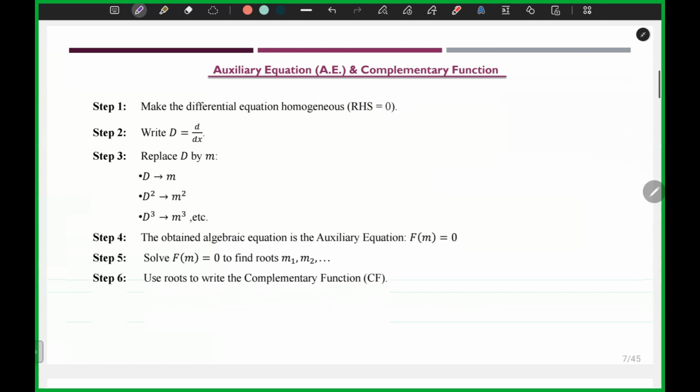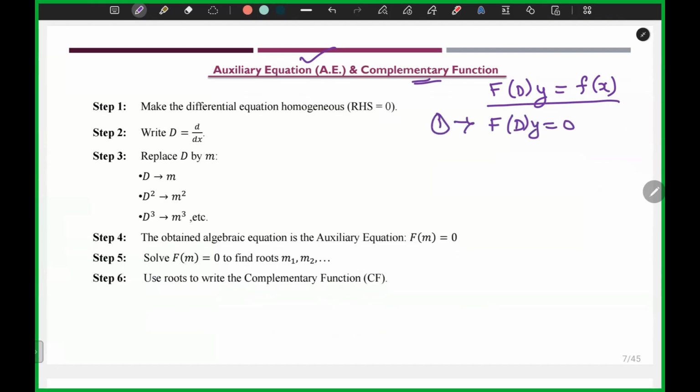So when we come to the auxiliary equation and complementary function: if we have a non-homogeneous equation, I'm simply writing in operator form F(D) y equals f(x). For the auxiliary equation, or complementary function part, we simply put the right hand side as 0.